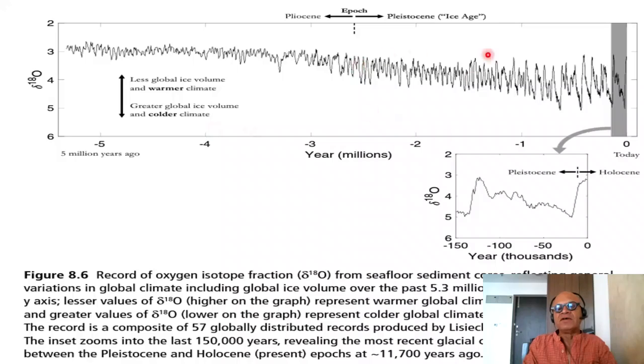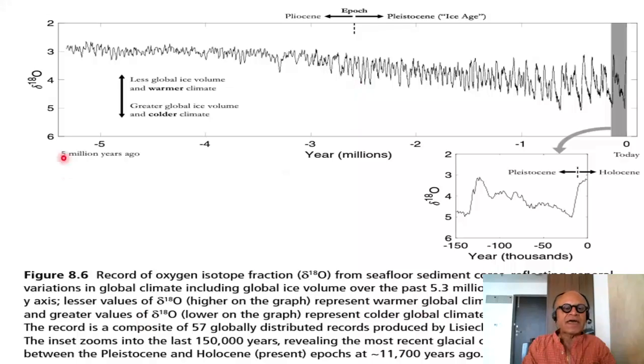We have had a regular beat of 100,000 year cold and warm climates, glacial, interglacial climates, or ice ages, and melting of ice ages has happened here. Okay, so all these things, very rich record has been locked in. So you can see the Pleistocene starting from about 2.5 million years ago, and the Pliocene going back before that.